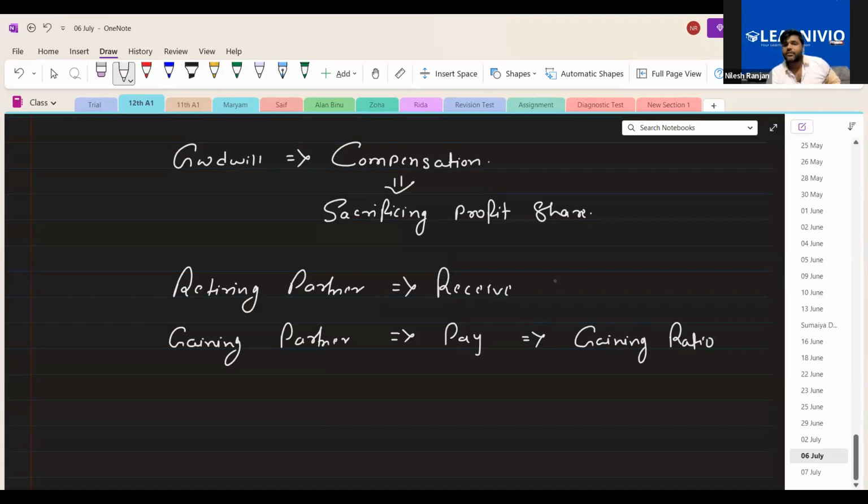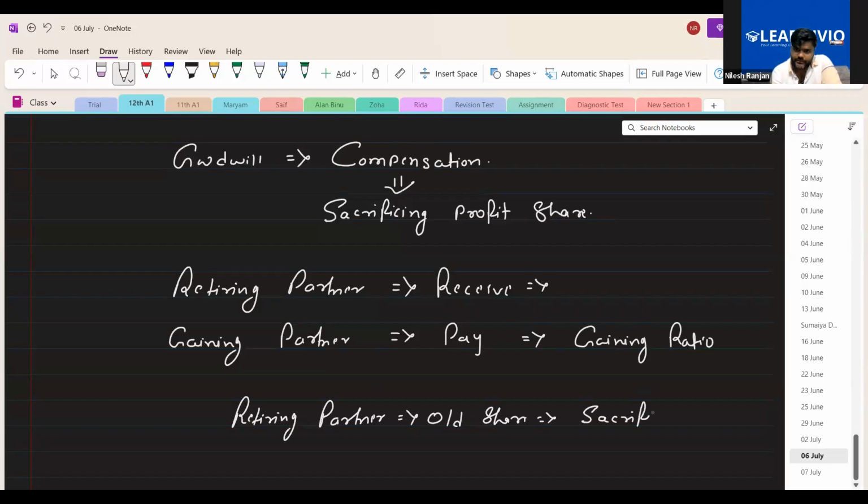And who is sacrificing? The retiring partner. The retiring partner is leaving his whole share, so the retiring partner's old share is also his sacrifice. These things you have to remember for the calculation of goodwill here.